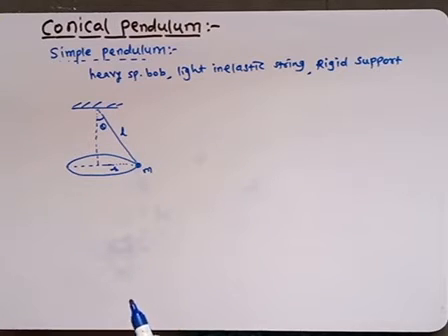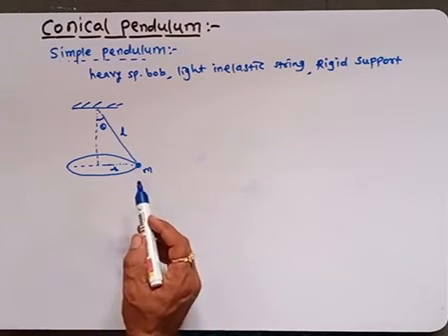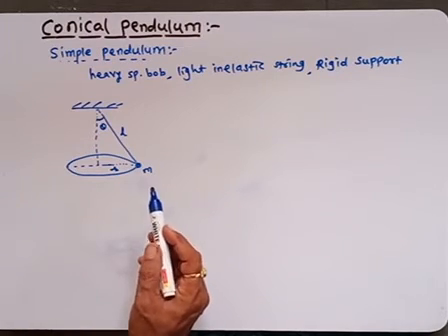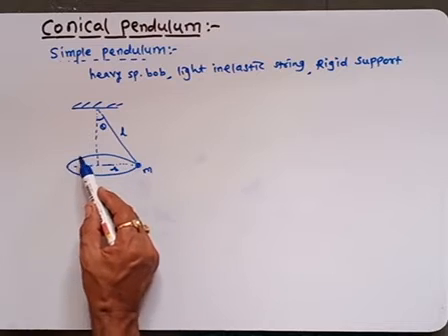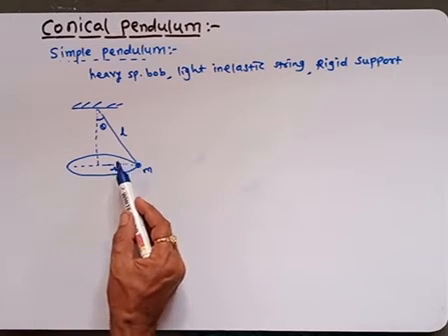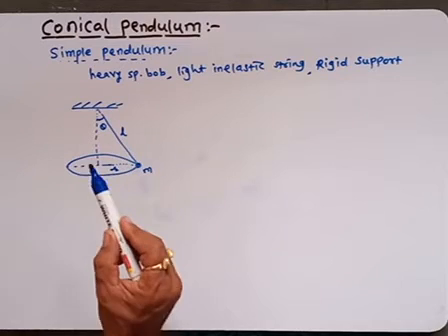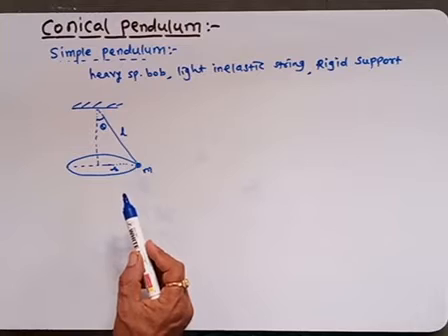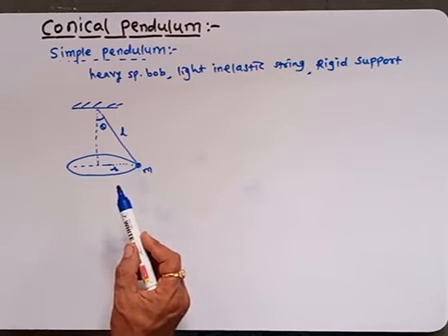Now conical pendulum means the same thing, a heavy spherical bob suspended by a light inelastic string from a rigid support, and if it moves in a horizontal circle, that means the string traces the surface of a cone, then it is called a conical pendulum.